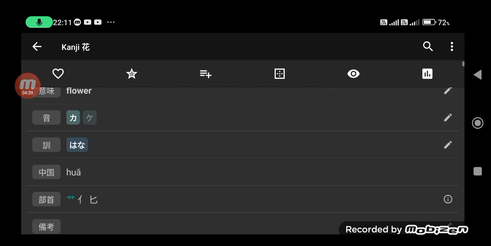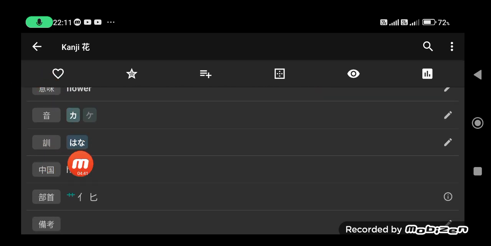Unlike the previous episode regarding the umareru seisho kanji, this kanji is relatively way easier, because we only have one onyomi, ka, and one kunyomi, hana. Kunyomi again is the Japanese-based reading, and as you can see here, our kunyomi is just a single reading and it doesn't have any okurigana.